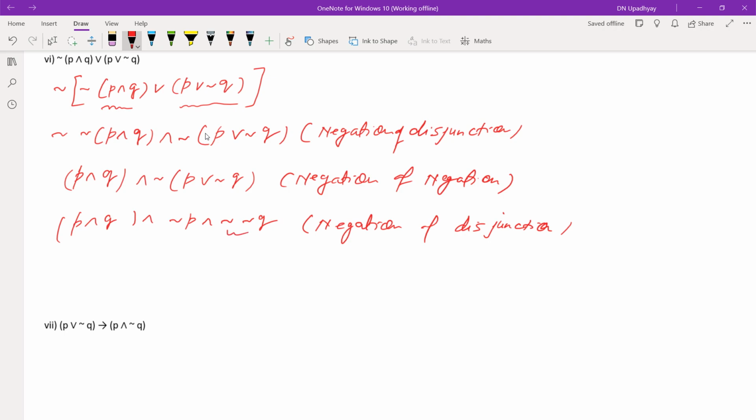And the last one, again we are going to use negation of negation. So P and Q, negation P and only Q. So this is nothing but negation of negation. Negation of negation.